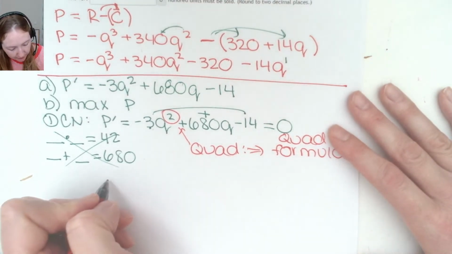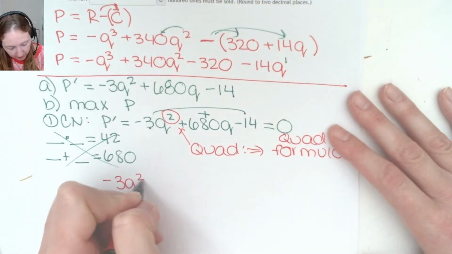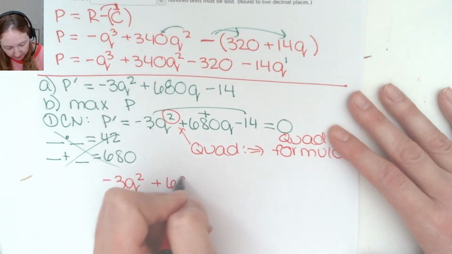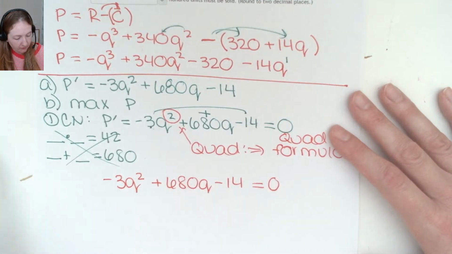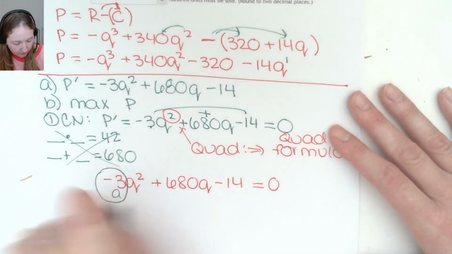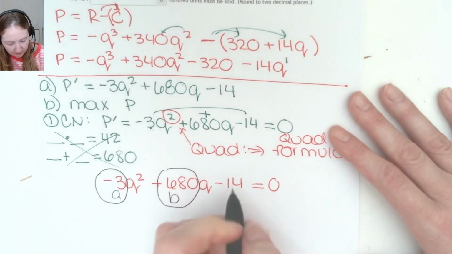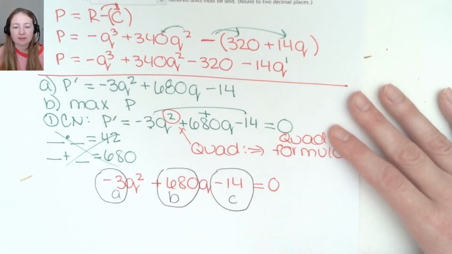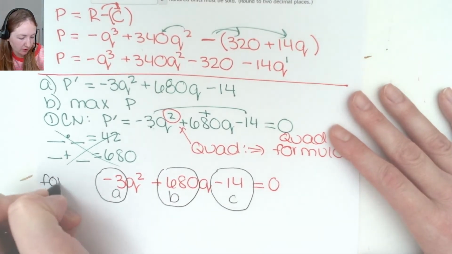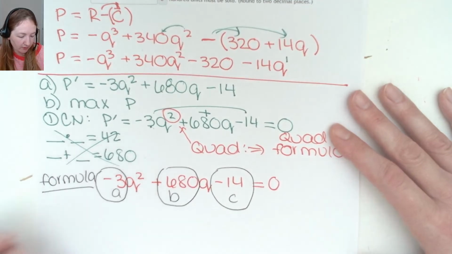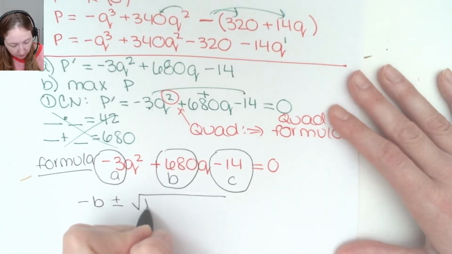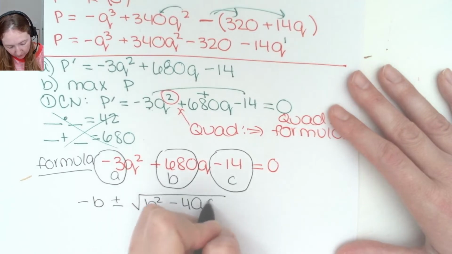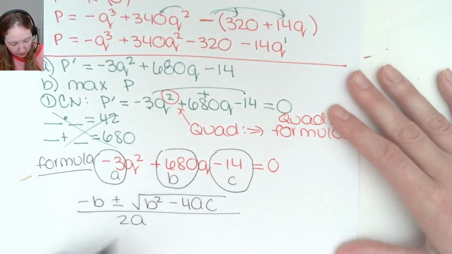So what we're doing here is applying the quadratic formula to negative 3q squared plus 680q minus 14. My a is going to be negative 3, my b is 680, and my c is negative 14. My quadratic formula is negative b plus or minus the square root of b squared minus 4ac, all over 2a.